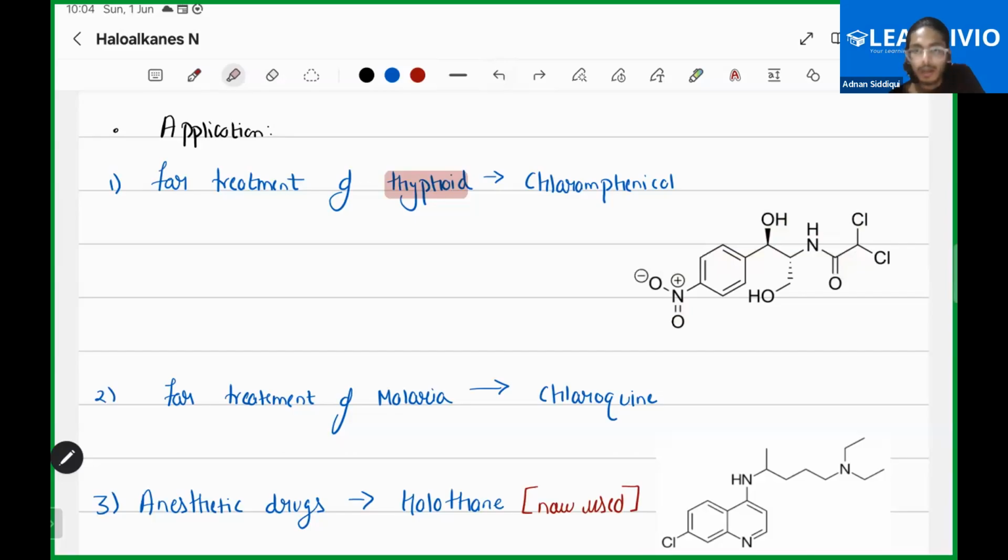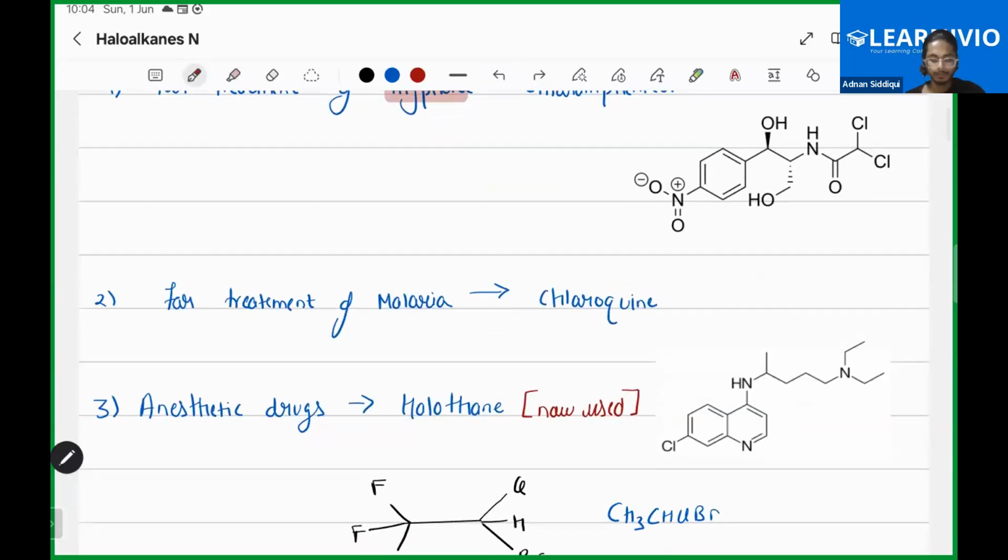This drug is formed by haloalkanes; the starting reagents or intermediates that give us this product are haloalkanes. So haloalkane is basically used for creating drugs, medicinal chemistry. For example, malaria is a very serious disease.